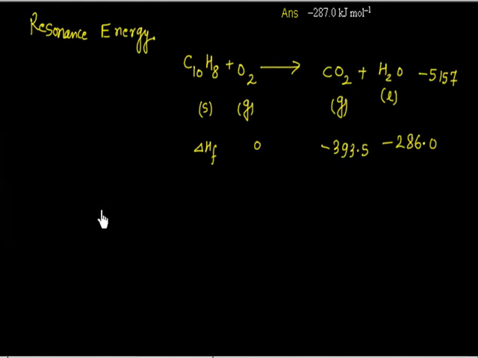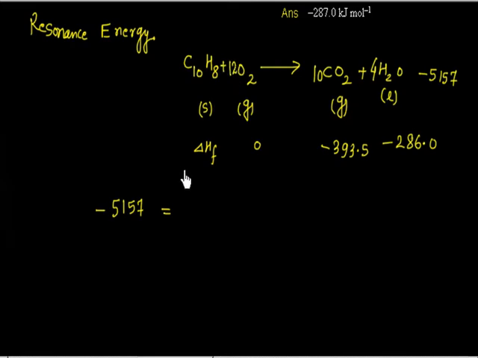If I use delta H equals heat of formation of products minus reactants, before that I have to balance this equation. Carbon is 10, so I multiply by 10. Hydrogen is 8, so I multiply water by 4. Oxygen becomes 20 plus 4, 24, so I have to multiply O2 by 12. Are you getting it or not?